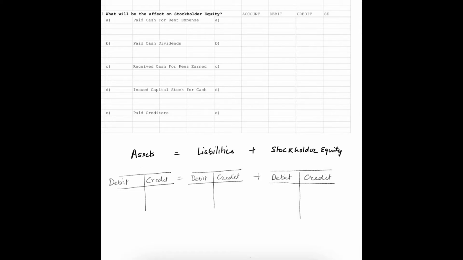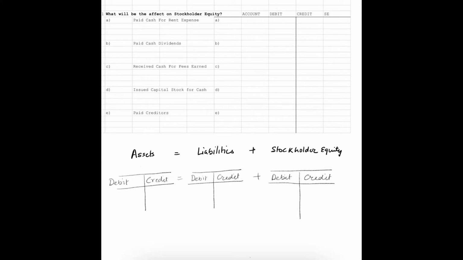In this exercise, we have 5 transactions and they all involve cash. So let's look at the first one. Paid cash for rent expense. So cash is being paid for the rent expense.